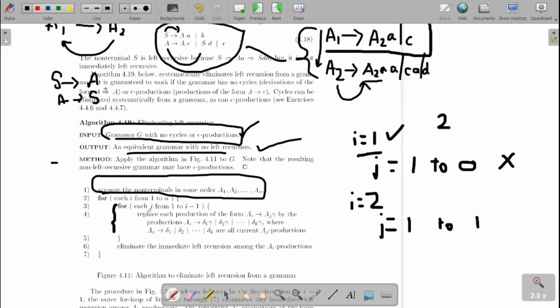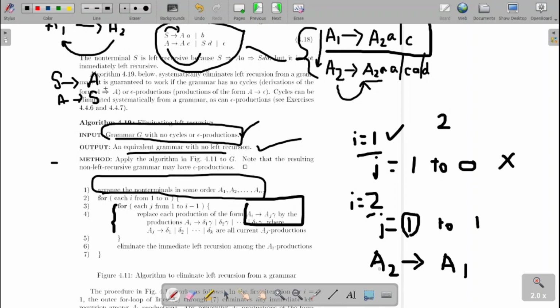So now replace each production of this format, that is, Ai derives Aj. Now what is the value of i? i is 2. All productions of the format A2 derives Aj. Now what is the j value? j is 1 to 1, so j is 1.